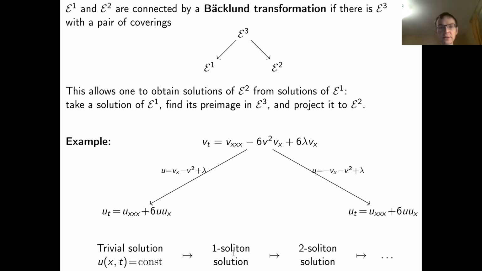Now we can take the one soliton solution, substitute it here, find its preimage under the first covering, and we again get a parametric family of solutions of this equation. Projected by the second covering, we get a bigger family of solutions of KdV, which contains in particular the two soliton solution, and so on. Iterating this procedure, one can obtain all multi-soliton solutions of KdV and many other interesting solutions.